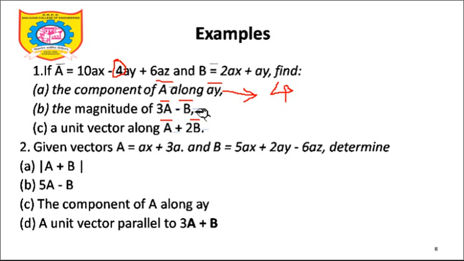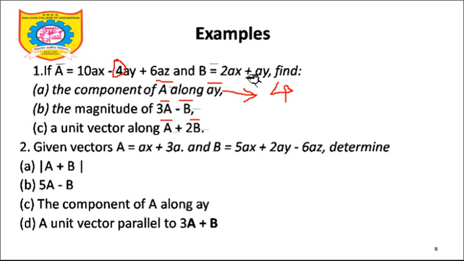Magnitude of 3A bar minus B bar. As we know, for vector addition and multiplication, we need to add or subtract the coefficients of ax, ay, and az. So what is 3A bar minus B bar if you calculate? Let's multiply 3 to this A bar. So it will become 30ax bar, 3 4s are 12ay bar, plus 3 6s are 18az bar. And let's minus 2ax bar plus ay bar.